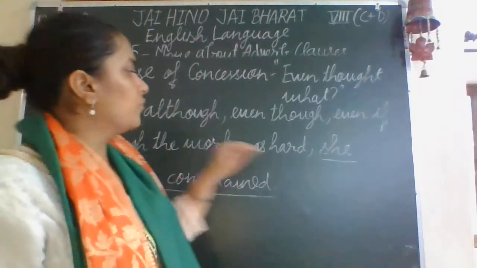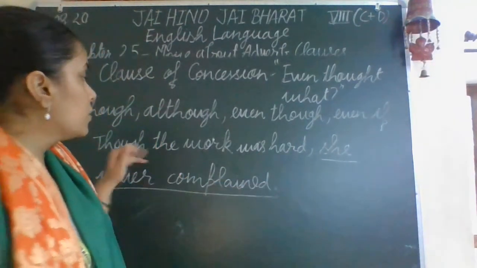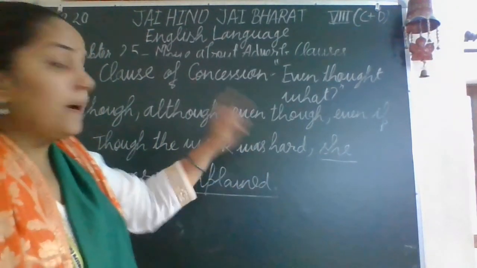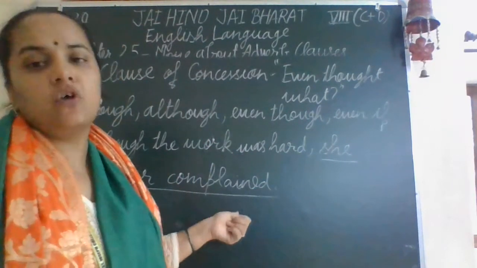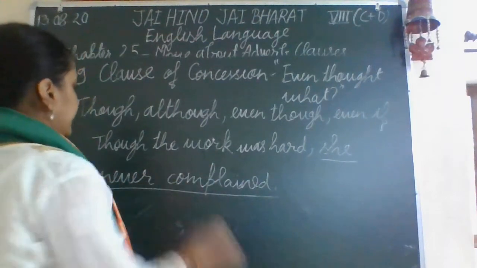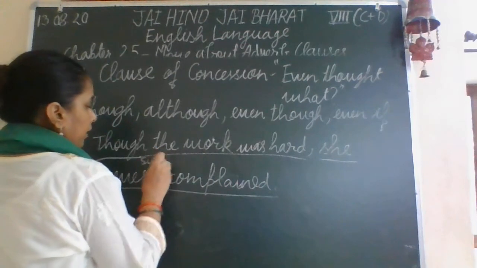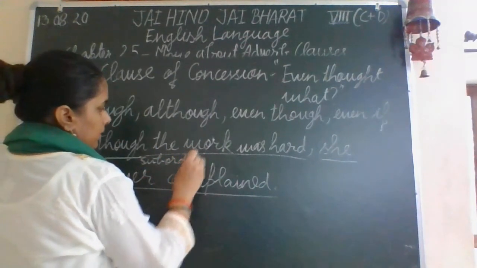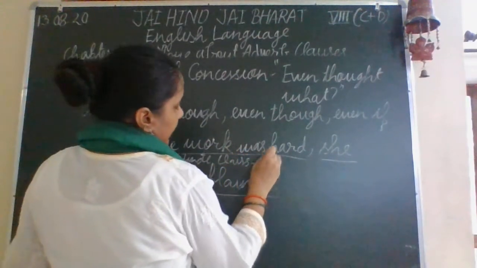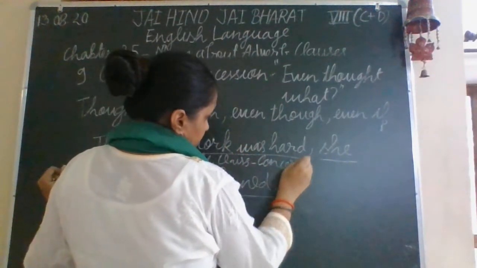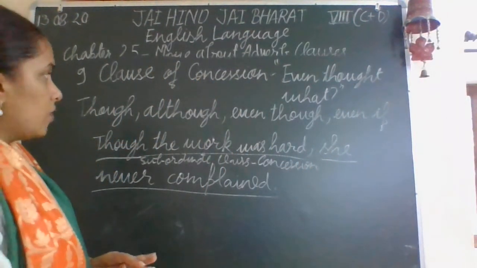And though the work was hard, here it is telling about the work that the girl was doing. So the work was hard, but she is not complaining. So this is the concession that the girl was given. So that is why this is the subordinate clause of concession.